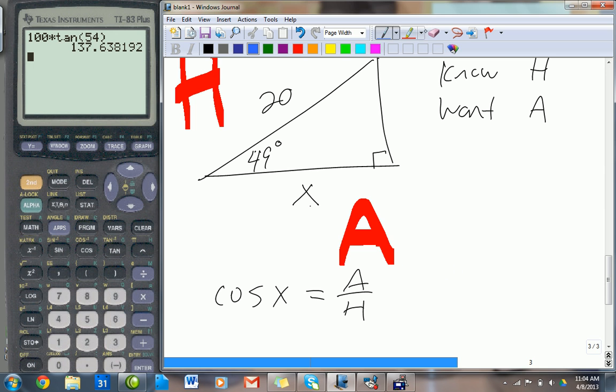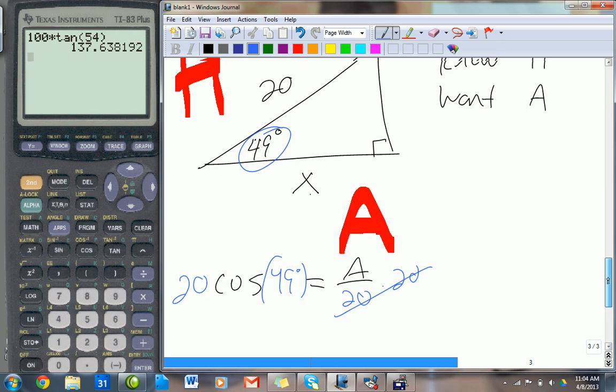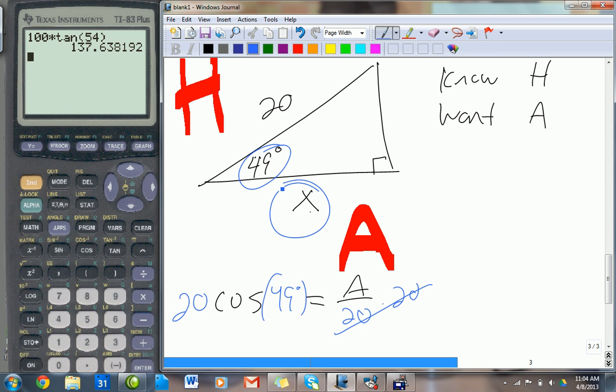So here's all I have to do now: plug and chug. The cosine of the angle, which is 49, is equal to the ratio of A, which is what I'm looking for, and H, which is 20. Great. Now to solve for A, what do I do to both sides? Correct, multiply by 20. So that side A that I'm looking for, the side adjacent underneath the 49-degree reference angle, is equal to 20 times cosine of 49 degrees.